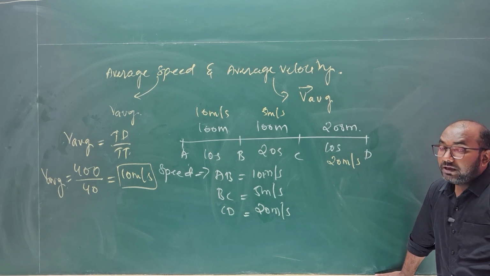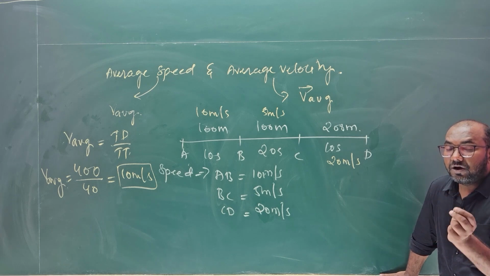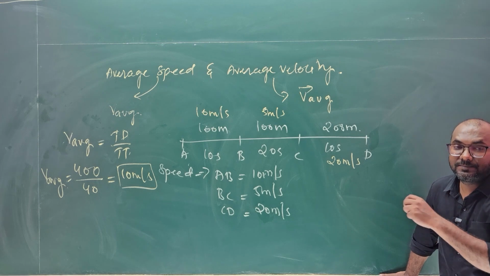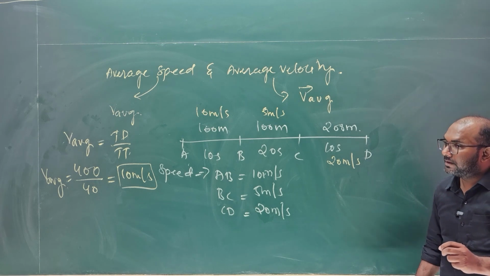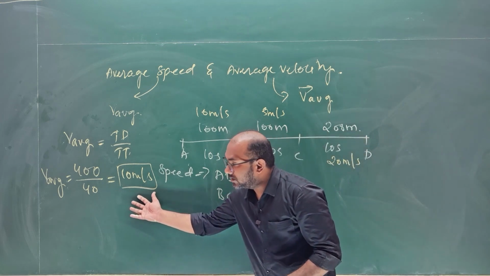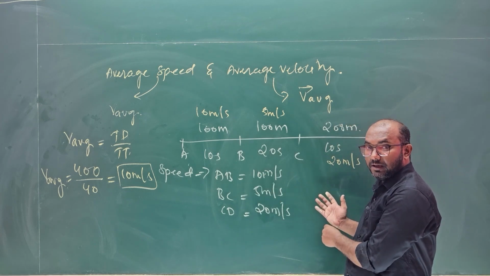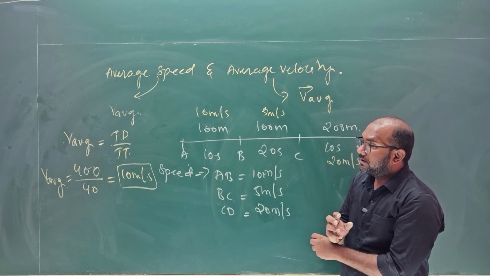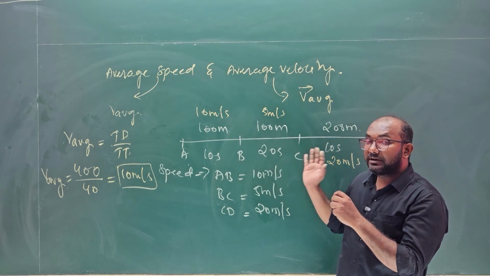So, can I also say that average speed does not tell you what is happening throughout the journey? What I am trying to say is, does this 10 meter per second tell you what is happening between A and B, B and C, or C and D? No. Average speed tells you what would happen if you move with that speed and travel this distance.